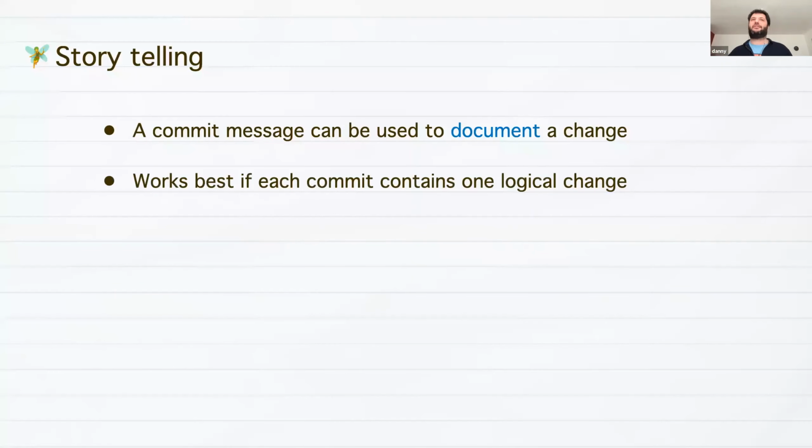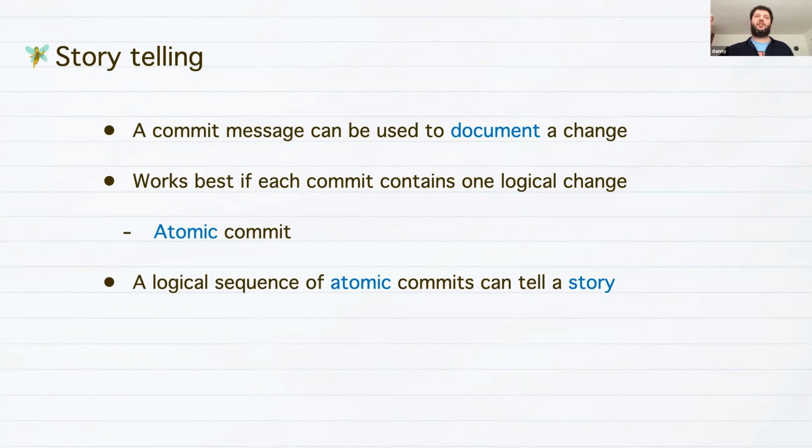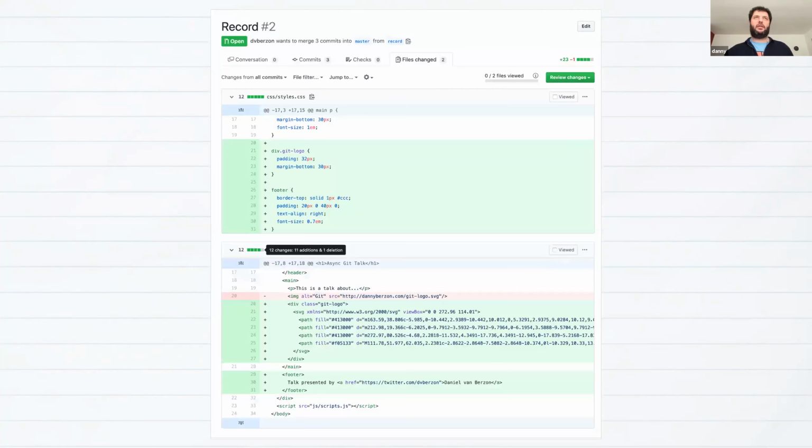And this works best if each commit contains one logical change in it. So not necessarily a change to one file, but all the changes to the files in the commit are essentially one change to the system. This is called an atomic commit. And then if you have a logical sequence of atomic commits, you can tell a story of how the code changed and why. So let me give you an example.